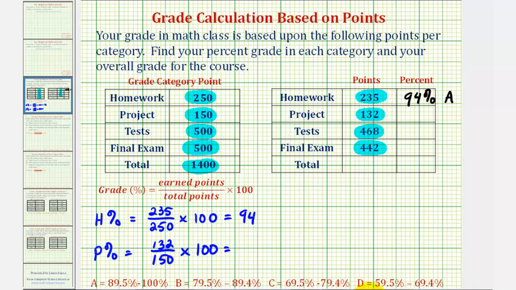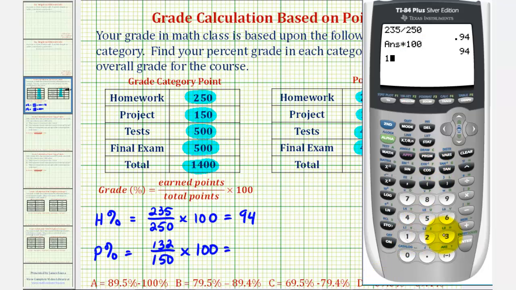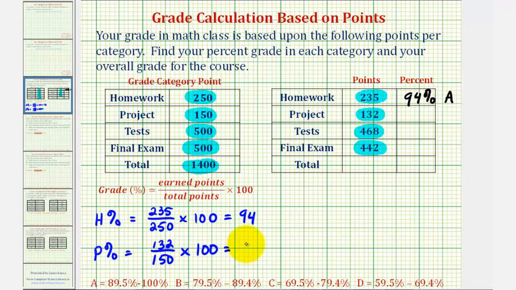So now we'll go back to the calculator. 132 divided by 150. This will give us the decimal value, and now we'll multiply by 100. Remove the decimal point to the right 2 places. So for the projects, you've earned 88%. Again, looking at the scale below, 88% would be a B.